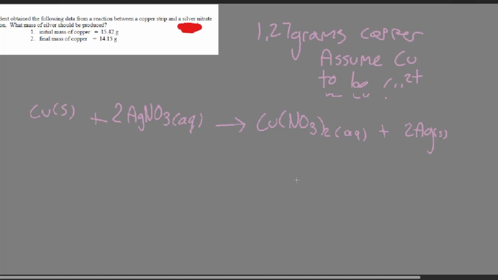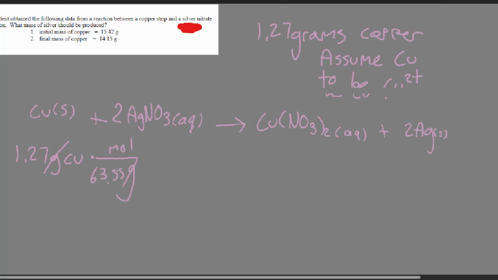Okay. So what you do here first is use your grams of copper to get the moles of copper. 1.27 g of Cu multiplied by mole on top, g on bottom, cancel. And it is 63.55.